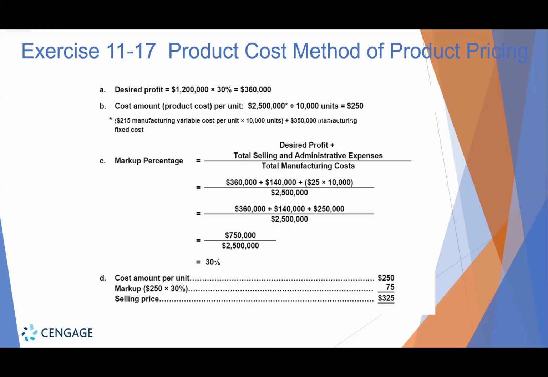The costs are $250 per unit. So we have to figure out what we mark it up. We're going to take our profit plus our selling costs, divide that by our total manufacturing costs to come up with a 30% markup. So if each cost is $250 per phone, we have to mark it up 30%. We could then sell each one for $325.